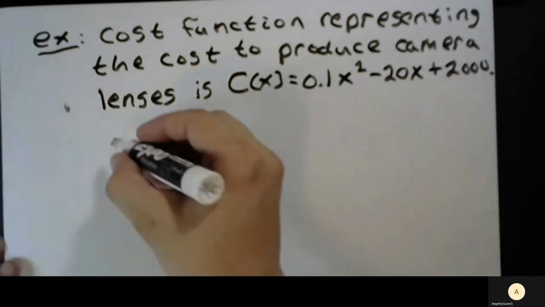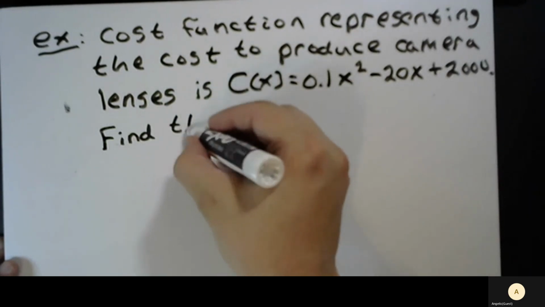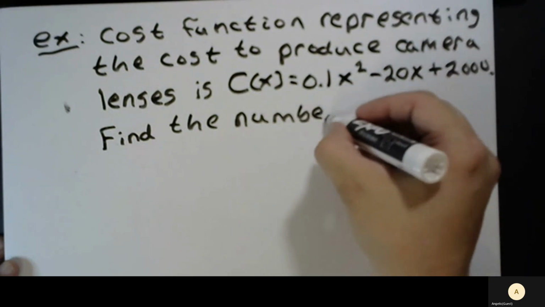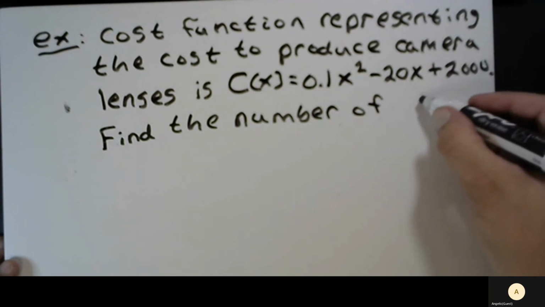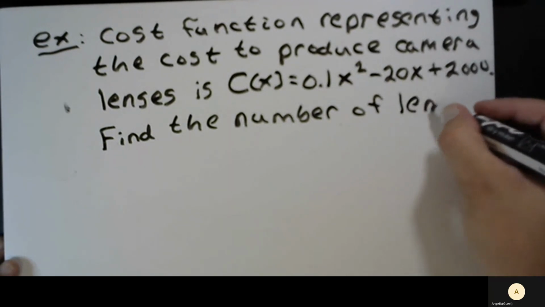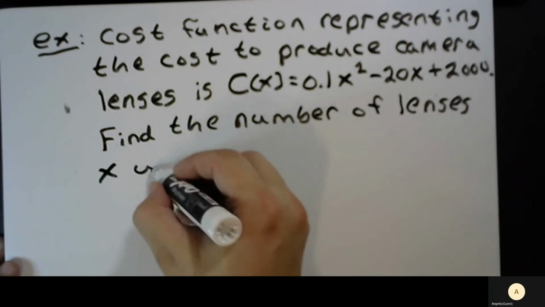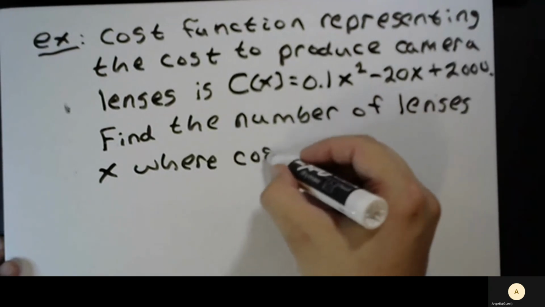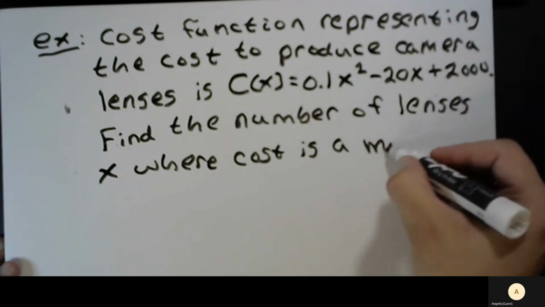So for this one, find the number of lenses x where cost is a minimum.